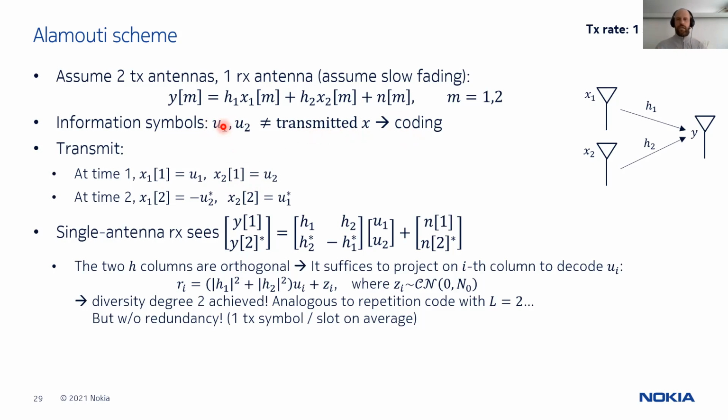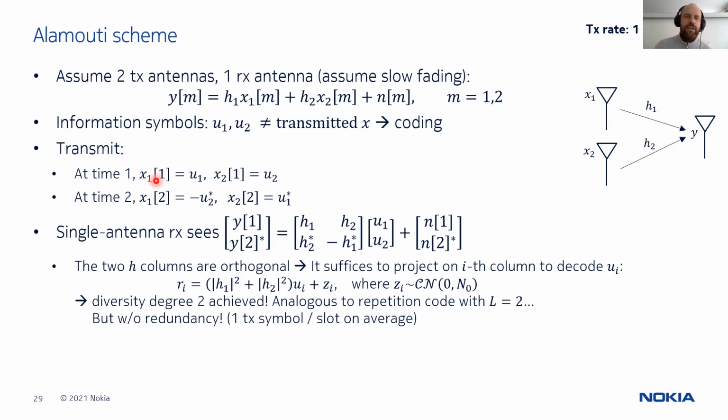Either you transmit U1 on antenna 1 and then U2 on antenna 2, but the problem is that whenever H1 is bad, U1 cannot be received. Same thing for H2. Otherwise, you can do something smarter. At time 1, you transmit over both antennas, and at time 2 as well, in such a way that, let's not skip to the conclusion.